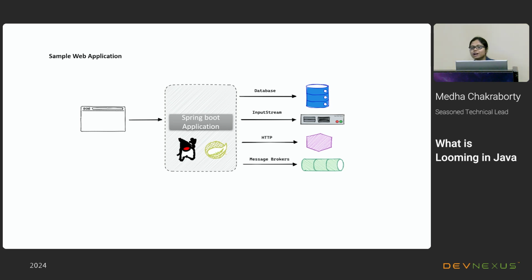Also maybe it has to interact with some input-output stream, write some data in some file, or send some messages through some brokers like Kafka, or maybe communicate with some other microservices. So in today's world, typically microservices work like this. You receive a request, then you perform some task, and then you send back the response to the user.